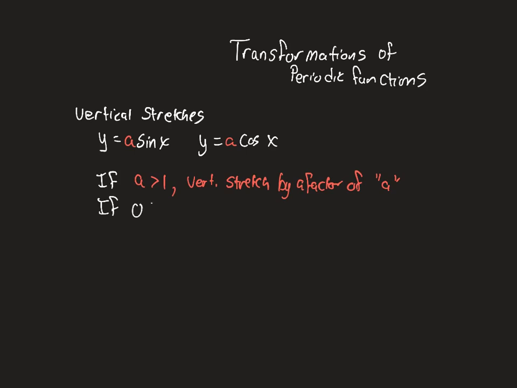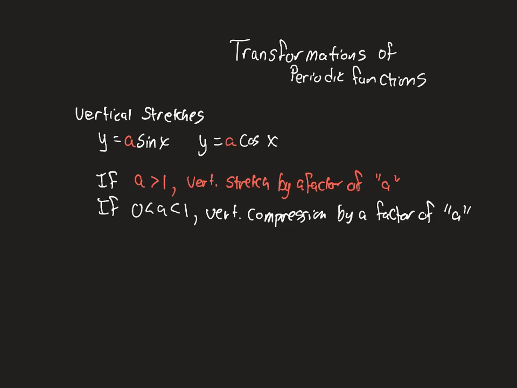So if 0 is less than a, which is less than 1, then you're going to have a vertical compression by a factor of a. Okay? So basically, if a is a whole number, it's a stretch.